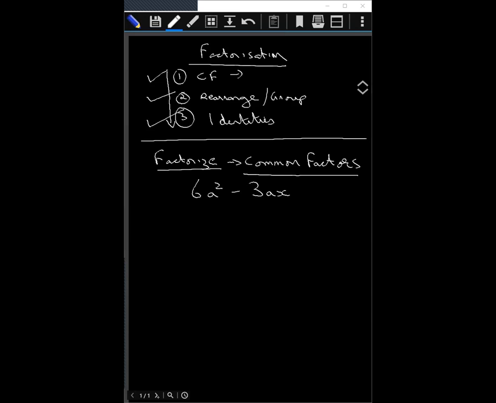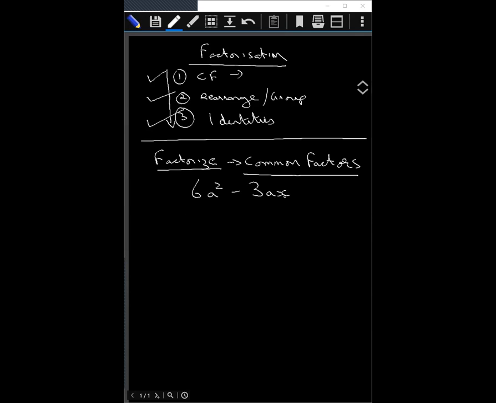Rajvi, unmute yourself. How many terms are there in this expression, Rajvi? 2. Okay, what are the terms? 6a squared and minus 3ax.